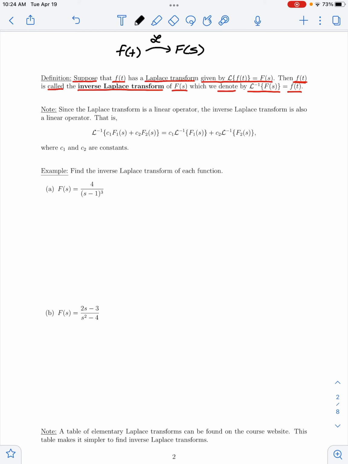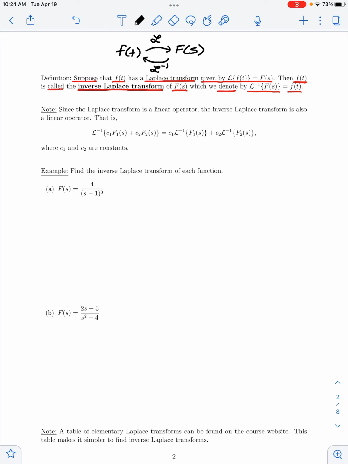If we are given capital F of s, we would take the inverse transform to see what we have for little f of t. So the idea of finding a transform or inverse transform is similar to, in calculus, finding a derivative versus an antiderivative.